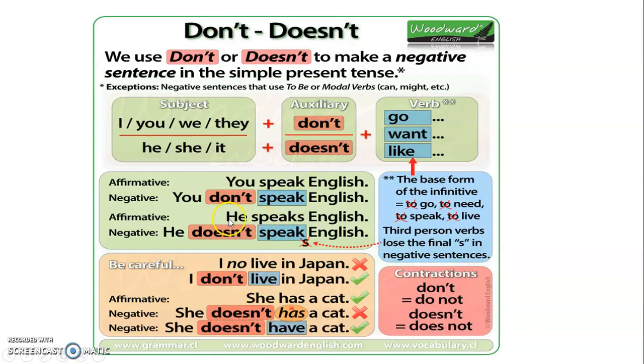So remember that in the affirmative, in the positive form, we say, for example, he speaks English. And in the negative, he doesn't speak English. No S, because we already have an S here.